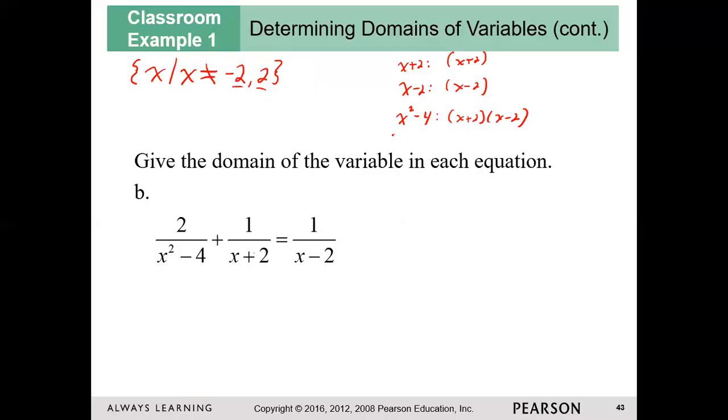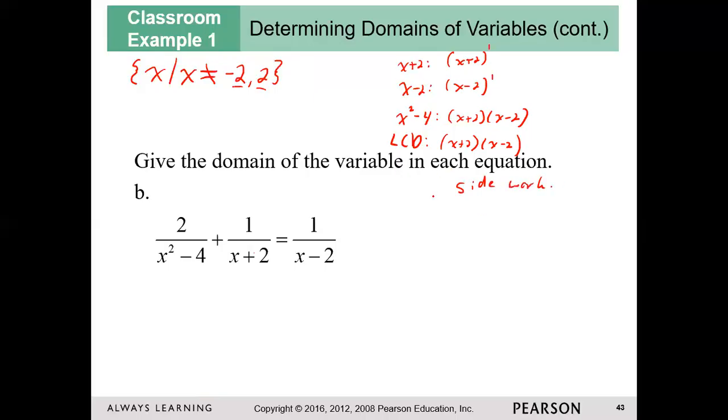So my LCD, again, is the product of all the different factors raised to the highest exponent, which is just to the first power, to the first power. So my LCD is going to be x plus 2, x minus 2, okay? And once again, let's bang out some side work.